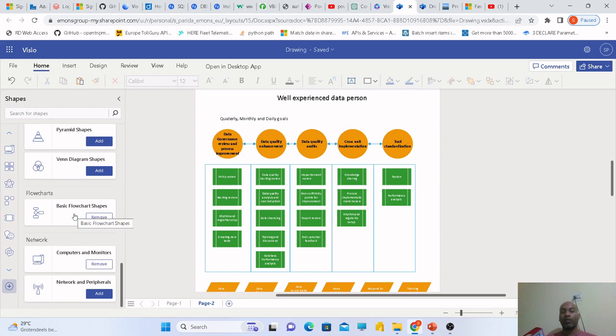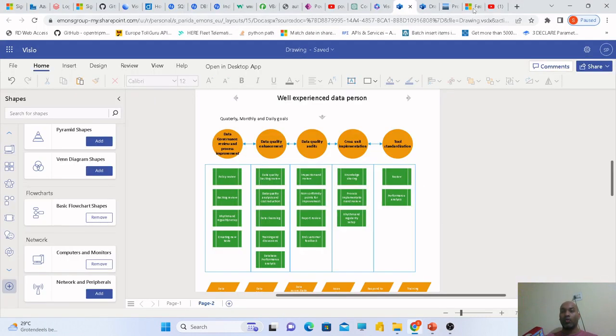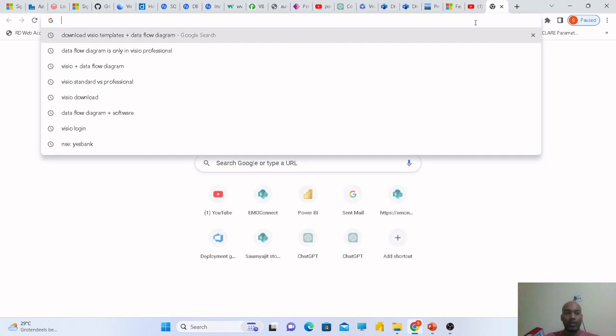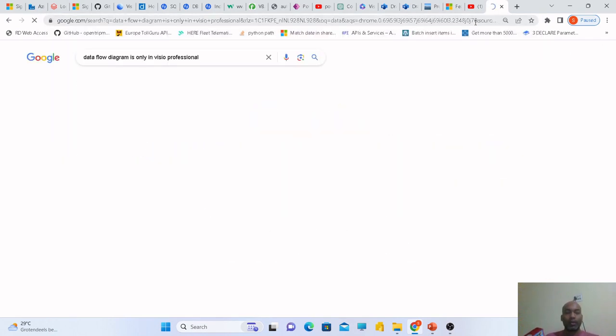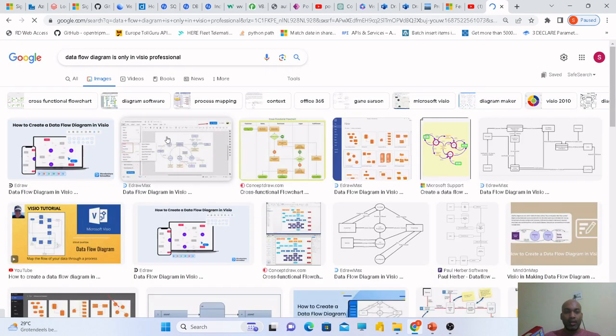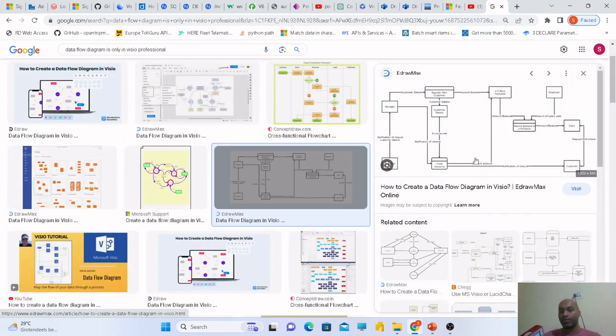So if you can get a professional license, then you already have access to this kind of blocks. One can find those, and I will give this link in the description box. As you can see, the Visio Professional license provides all kinds of these blocks.